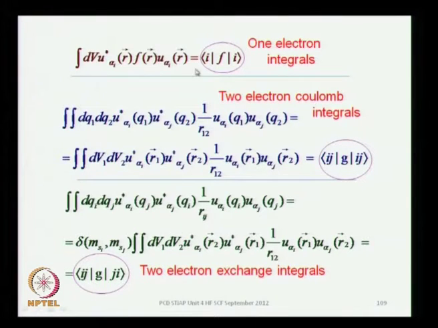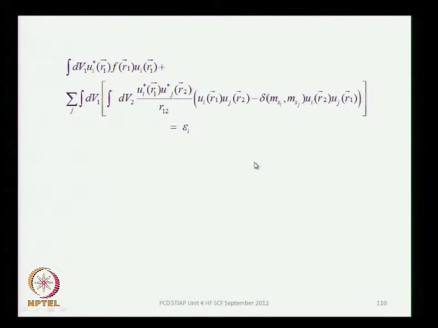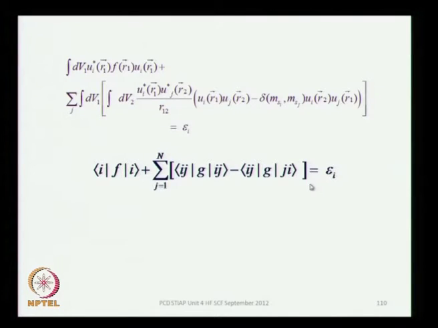So, this is the Dirac notation, this is the <i|f|i> matrix element, this is <ij|g|ij>, and this is <ij|g|ji>. And in terms of these, the Hartree-Fock equation which we got can be written in a rather simple compact fashion using the Dirac notation.